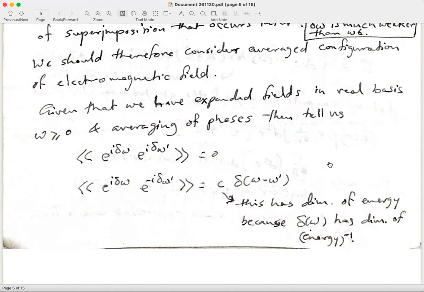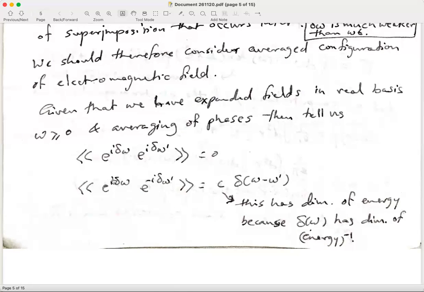So if you have written delta of omega, then delta of omega has dimension of 1 over the dimension of omega. The dimension of omega is of course energy, so delta of omega has a dimension of 1 over energy.